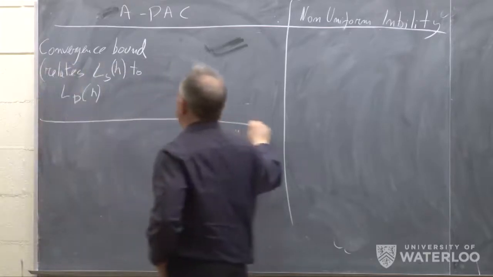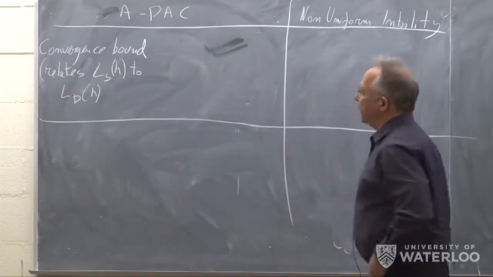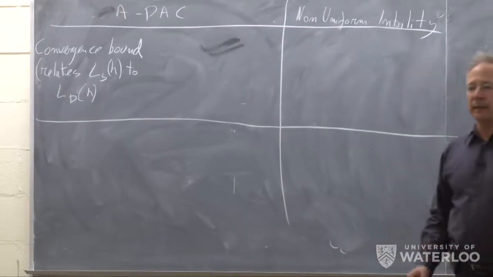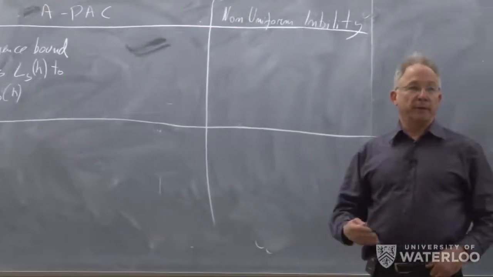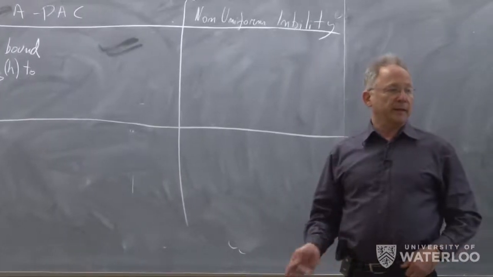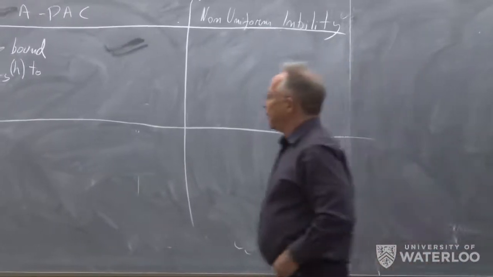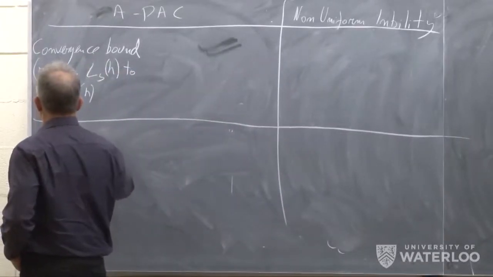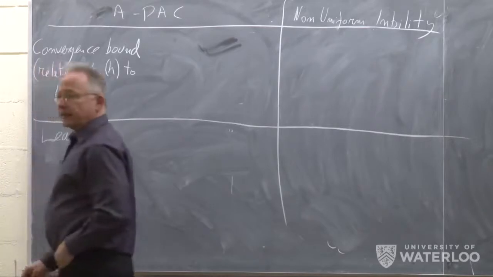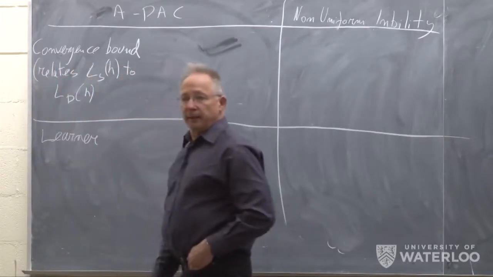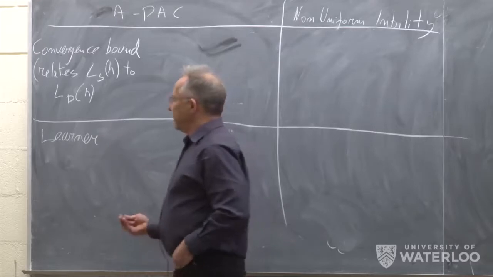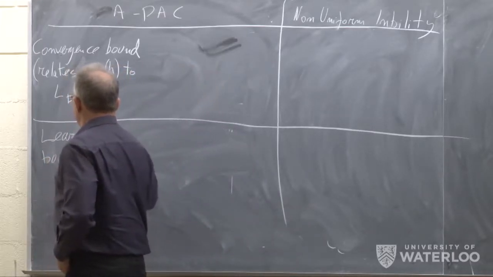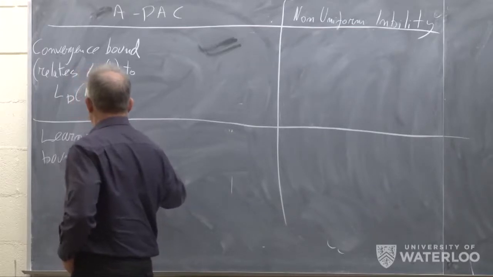That was the first step. And then after we had the convergence bound, we looked at a given learner, in our case the ERM learner, and we bound its error or its loss.